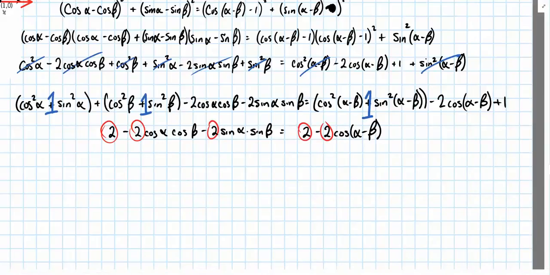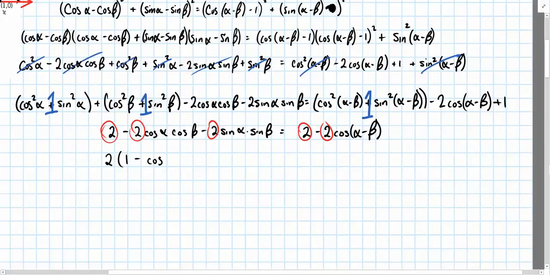That's the number 2. So I'm just going to make this stand out real clearly here. If I factor out that GCF of 2, I'm left with 1 minus cosine alpha cosine beta minus sine alpha times sine beta. Close that parentheses, and that's equal to the number 2 times 1 minus cosine of alpha minus beta.